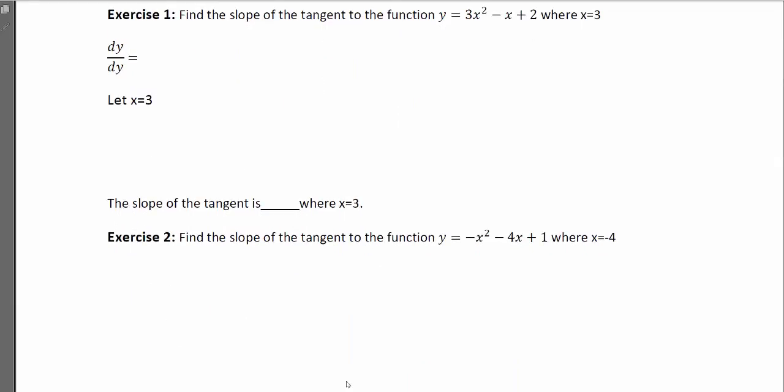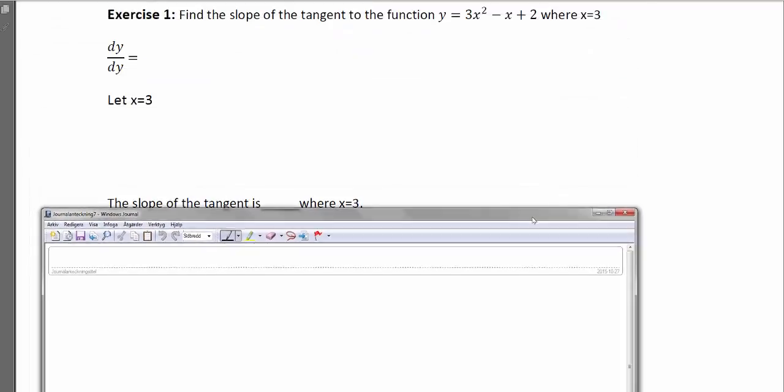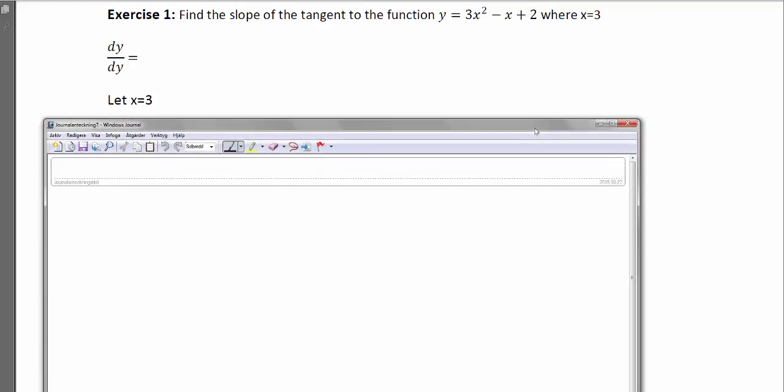So let's see if we can do this. I'm just going to move this down a little bit. So y is equal to 3x squared minus x plus 2.